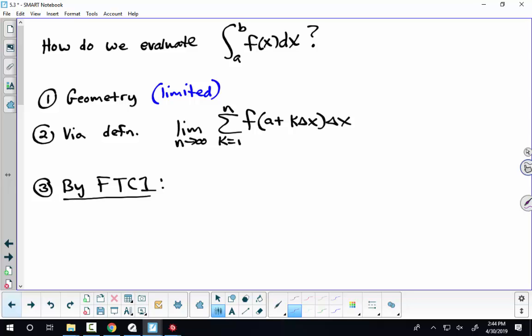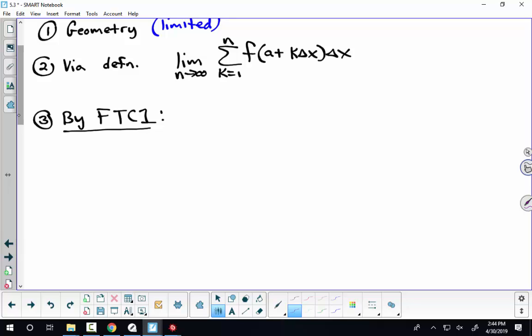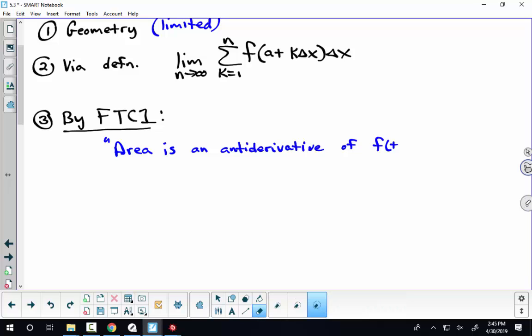And now we have a third method by the fundamental theorem of calculus part 1, where we said that area is an antiderivative of f of t, sorry, f of x.